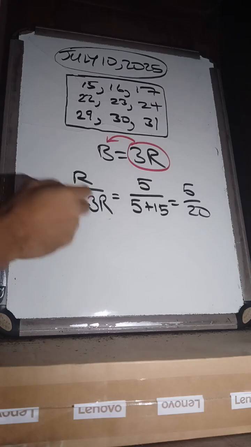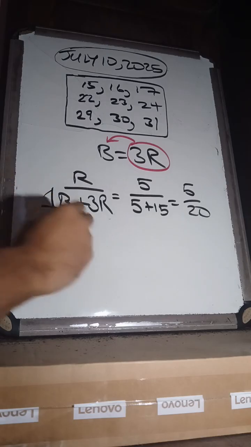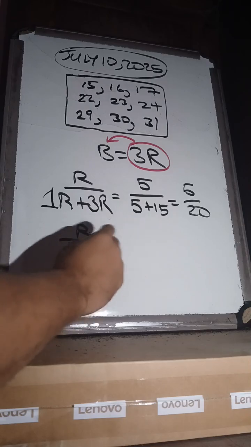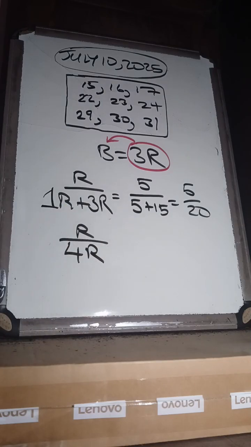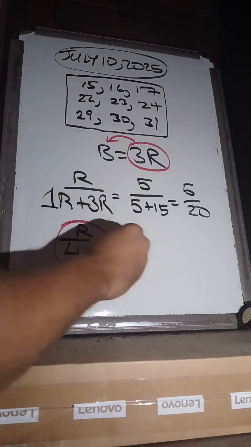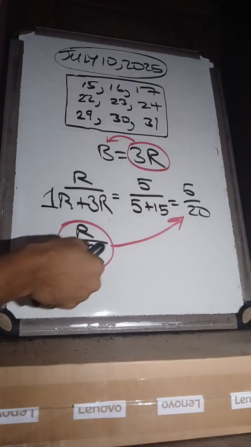Because R plus 3R is the same as what? 1R plus 3R, where you would have had what? R over 4R. And all of that makes sense. Why is that? Because you can actually see it. This R is 5, and the 20 would have been what? 4 times 5.